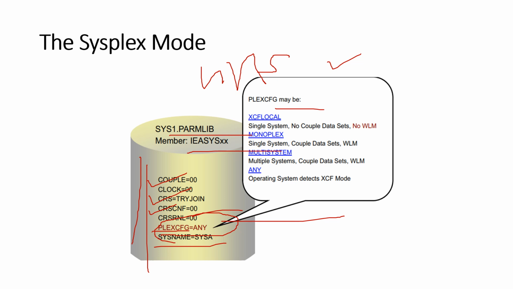Now we try to understand XCFLOCAL. So this is the single system, no couple dataset, no WLM.